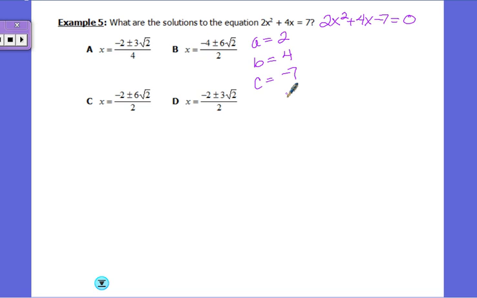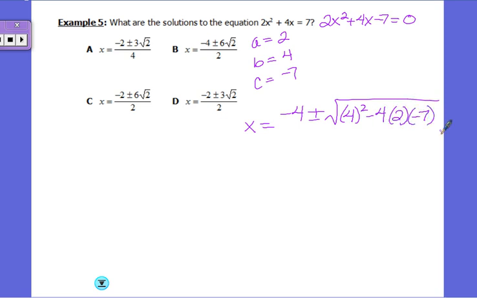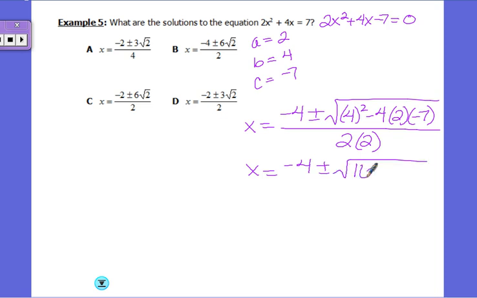Let's plug it in. So you've got x equals negative b plus or minus the square root of b squared minus 4 times a times c, all over 2a. And now simplify. X equals negative 4 plus or minus 4 squared is 16.